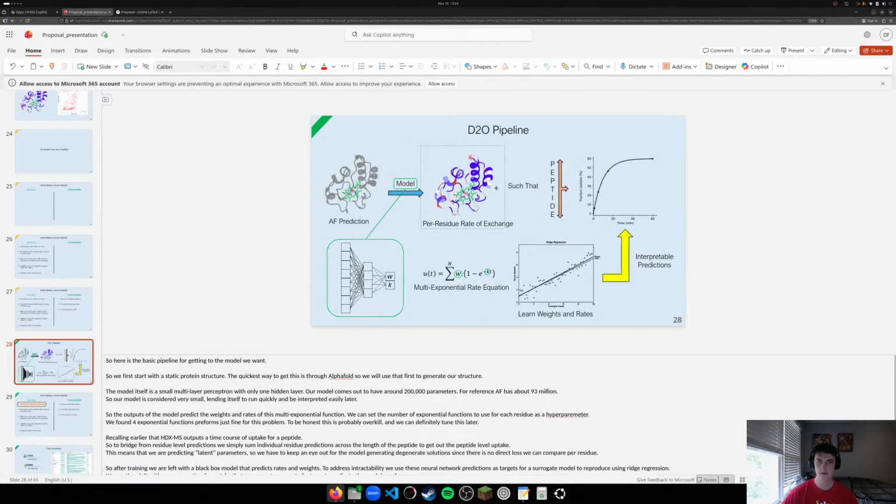All right, so here's the pipeline. First we would start with a static protein structure. The quickest way to get this is through AlphaFold. So we'll use that first to generate our structures.